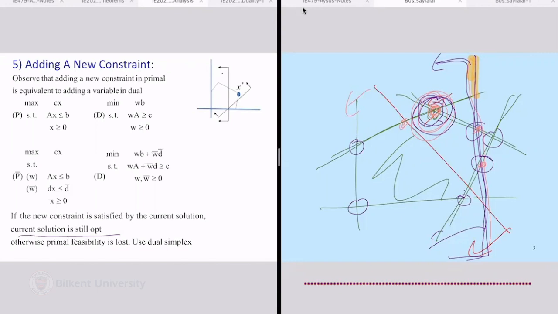I put the new constraint, purple. My current solution is still in the feasible region with the new constraint. What else am I getting now? I get this point and this point as additional corner points who may challenge the optimality of this one. Well, can they? This point was not even a corner point. It was just another feasible point in my previous problem. If this was optimal in my previous case, these will also be optimal too. Look at this one.